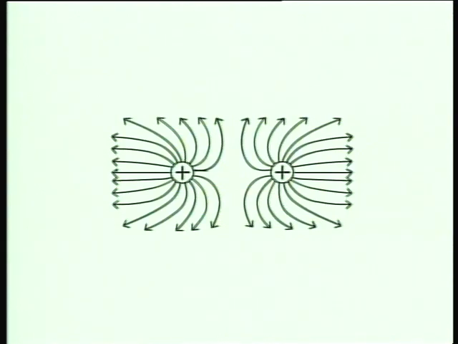Presence of electric charge on any body can be detected with the help of a simple instrument called a gold leaf electroscope. What is this gold leaf electroscope? This is a gold leaf electroscope.